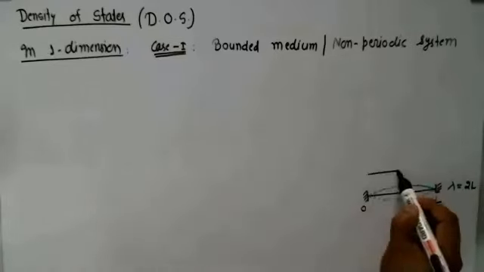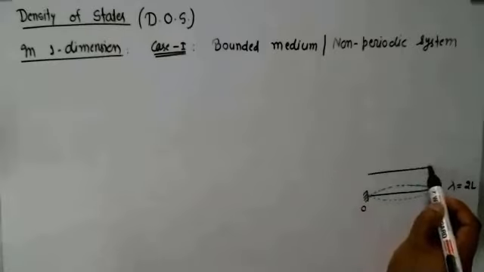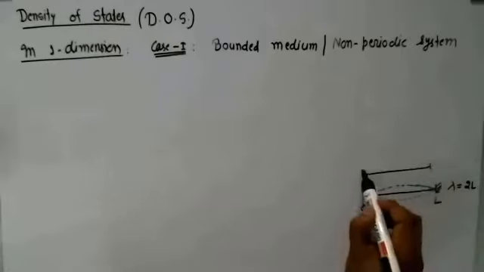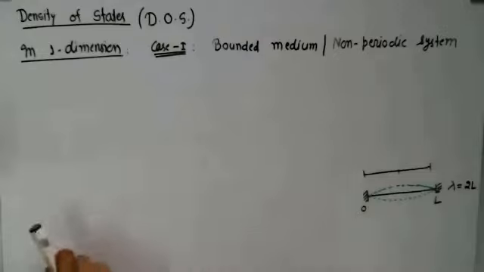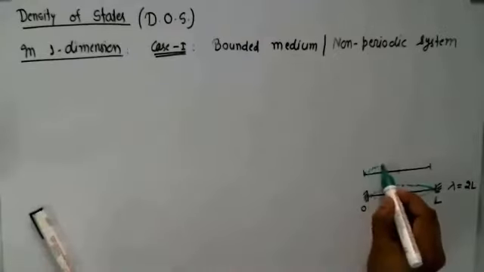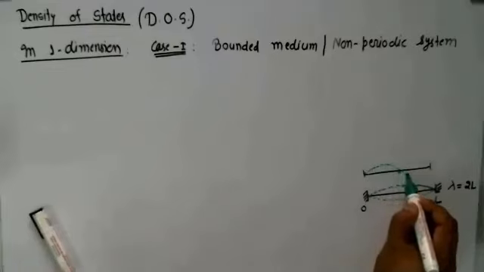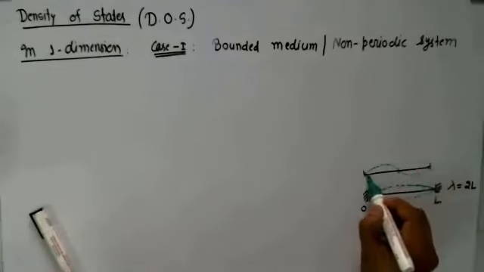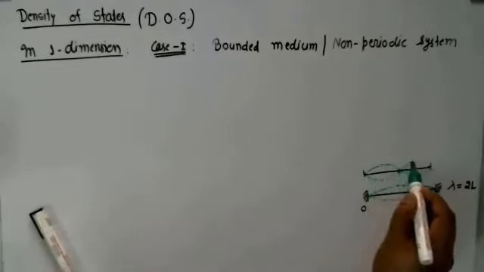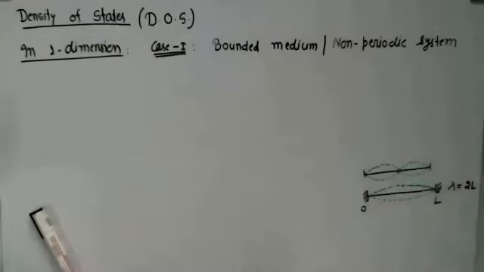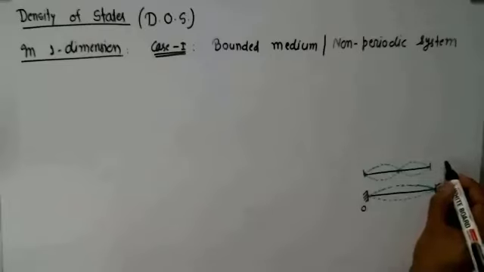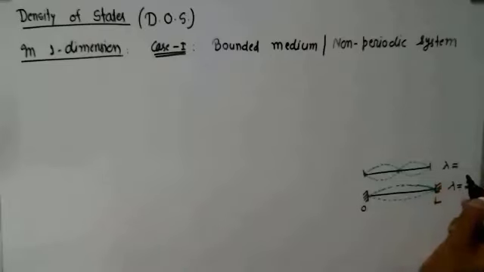Similarly, this rope can even oscillate in the next mode also. So the next mode is this one. And what is the wavelength here then? Lambda equals L. Exactly, I can just simplify it as 2L by 2.